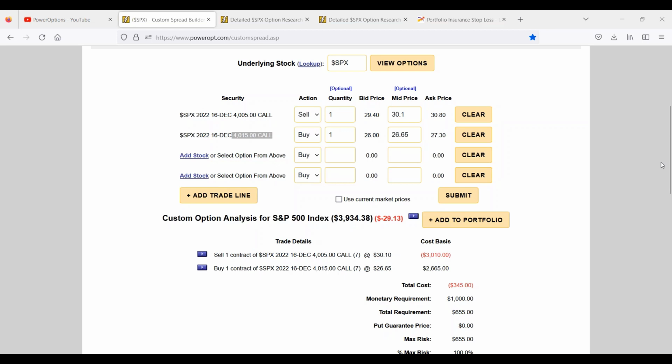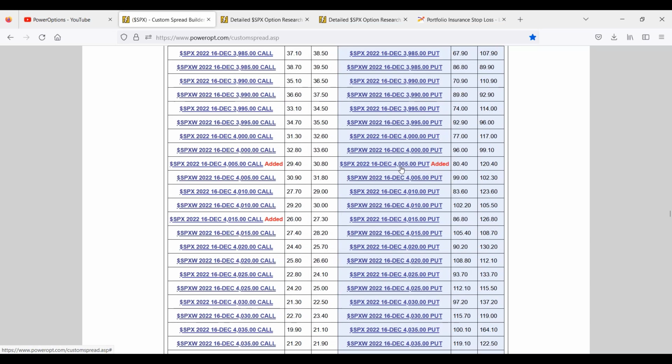So we'll go back into our option chain, go into our puts now instead of the calls, correct, and select our 4,005 and our 4,015. Same strikes that we would have used for the bear call, but wow, that's more along the lines of what you'd expect with an in-the-money call. It's a little bit wider than I'd think.